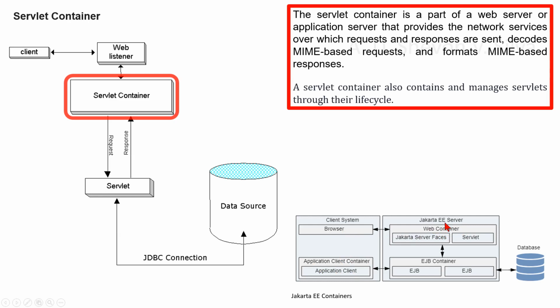Jakarta EE server contains web container and EJB container. Jakarta Server Faces and servlet are inside web container. Web container interacts with EJB container. EJBs are inside EJB container. EJB container interacts with database, and EJB container interacts with application client container. Application client is inside application client container.